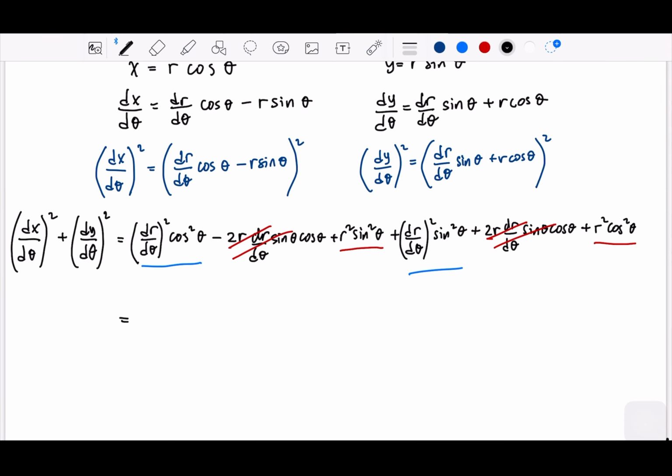So we can take that, and then we can make it r squared. Okay. So this will be our dx d theta squared plus. But we need to make it into the square root, right?